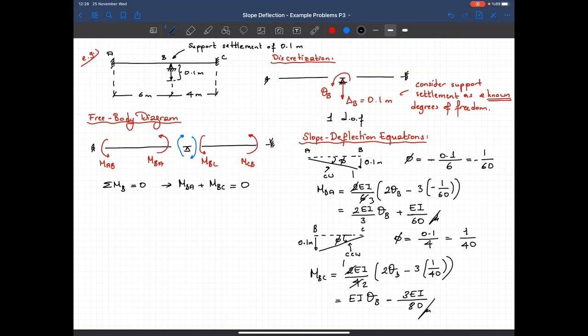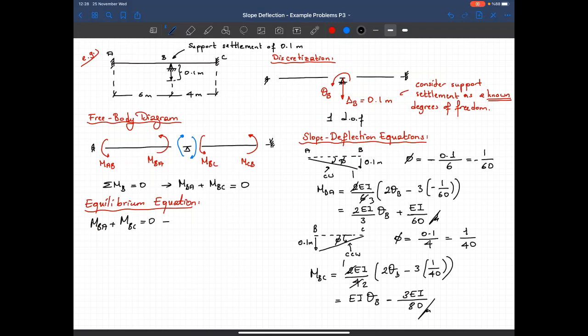Now we can write down the equilibrium equations. We already write it here. Sum of moments at B must be equal to 0. So MBA plus MBC must be equal to 0.